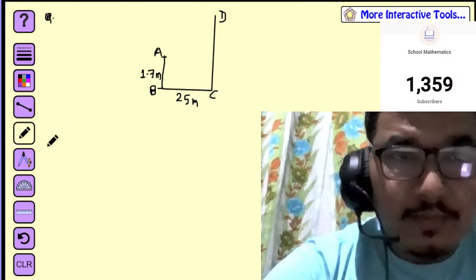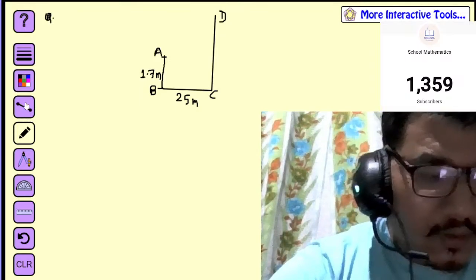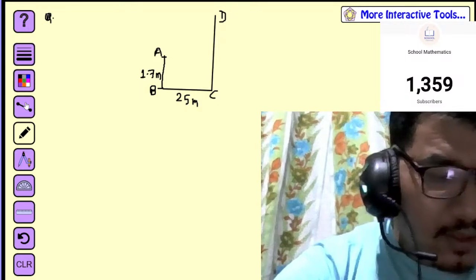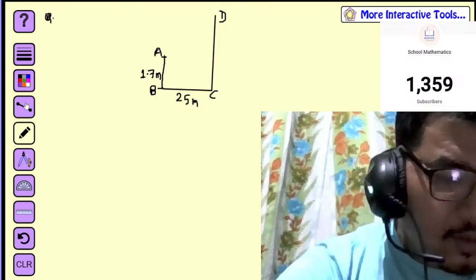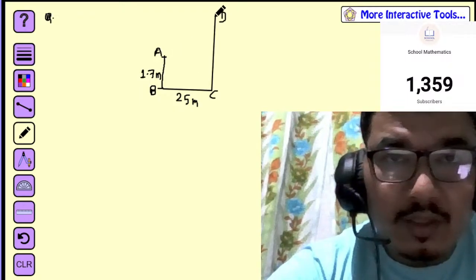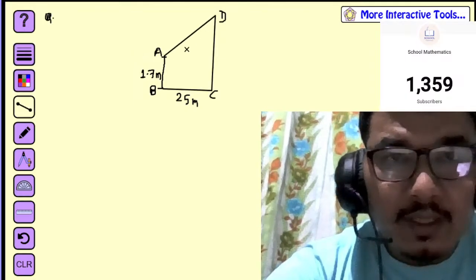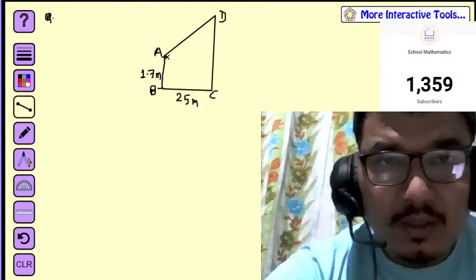And in this case, when the man is observing the top of the tower, at that time an angle of elevation is also formed, right? And this angle of elevation is with this horizon line.